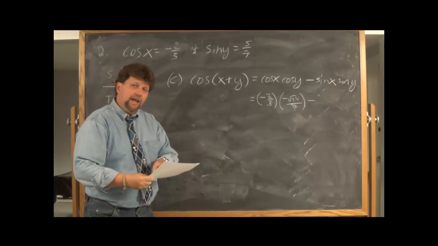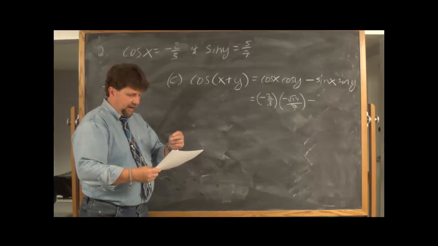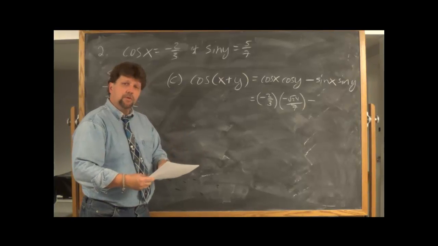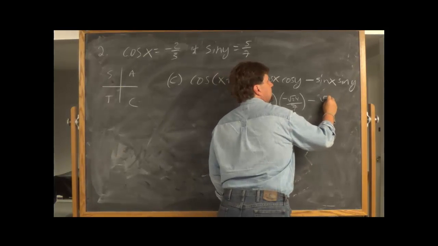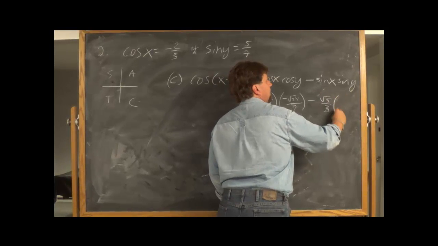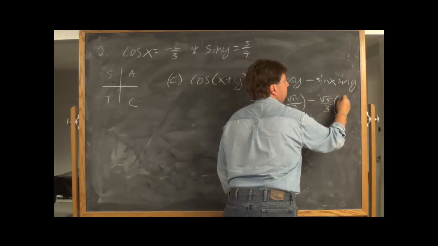In part A, we determined what sine of x was. So from part A, sine of x is square root 5 over 3. And finally, sine of y, well, that was given to us. It's 5/7.